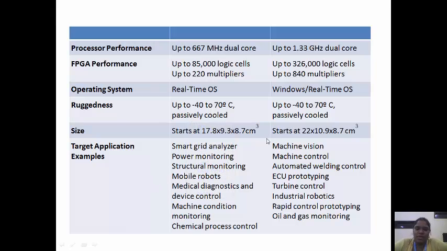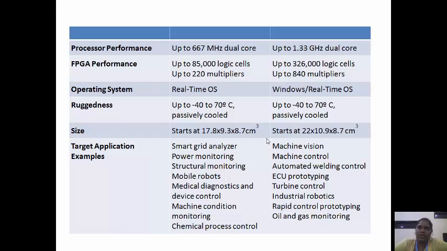The size may vary from 1.7 to 9.3 to 8.3 centimeter cube. Its volume can range from a small box or a small rack of books to a huge system that can accommodate a number of PLCs together. The target applications include the smart grid analyzer.